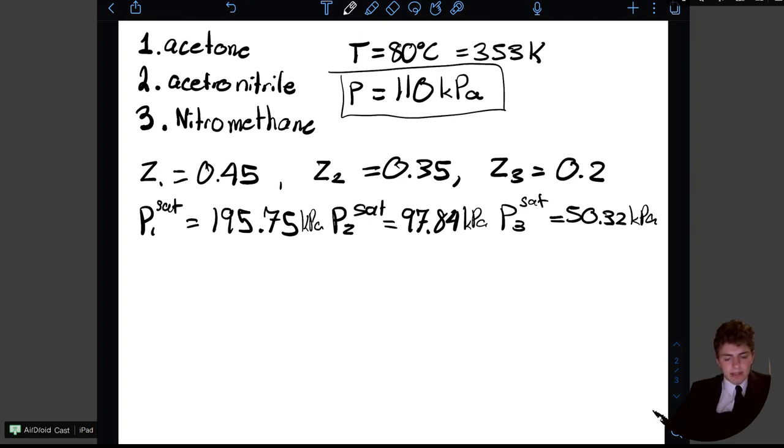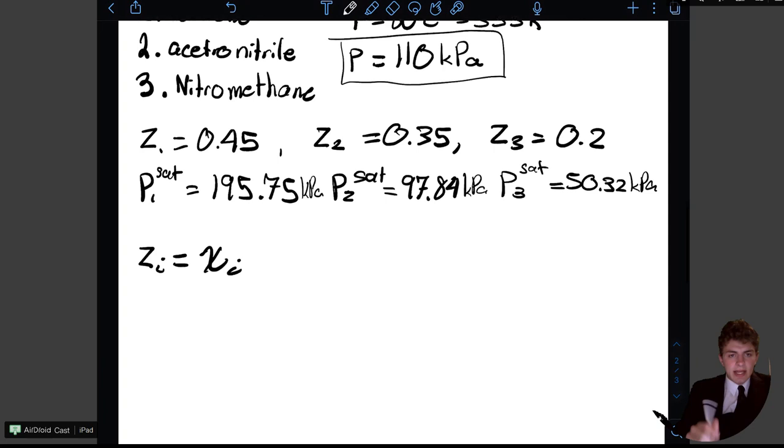Let's see. For the bubble pressure, we can say that Zi is equal to Xi. And that makes sense, right? Basically, all of our substance is going to be liquid at this time.